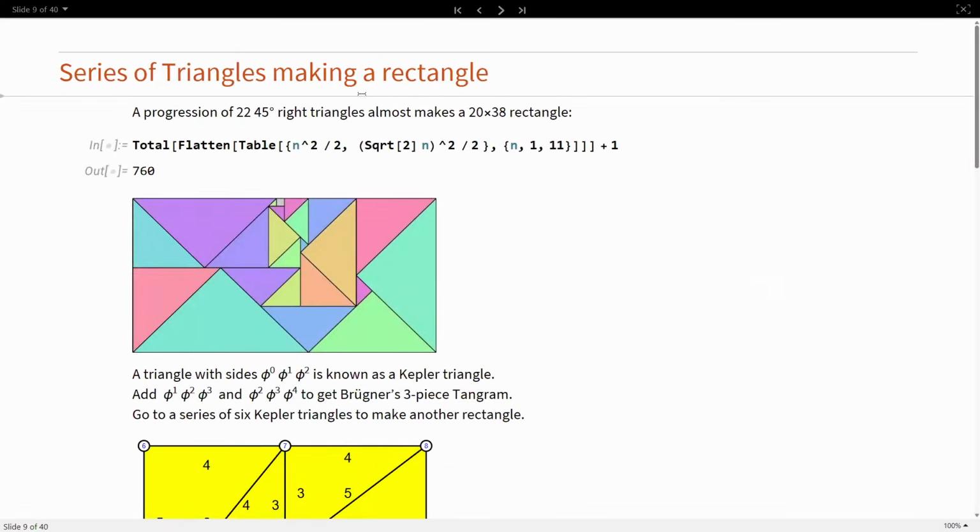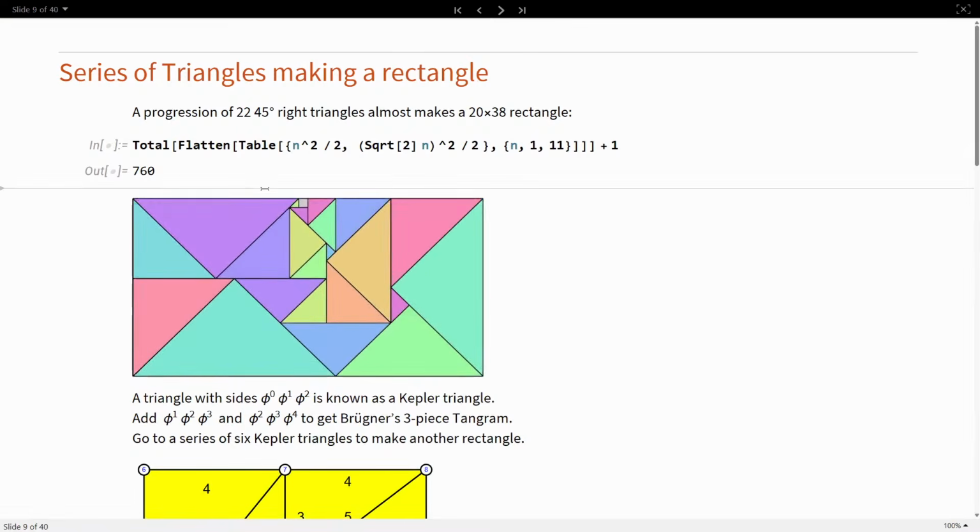And it turns out that all of these constants can be used for strange tilings of progressively sized triangles. So here are all of the triangles with a 45 triangles in series.